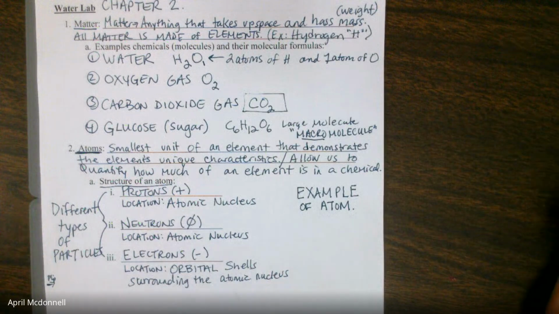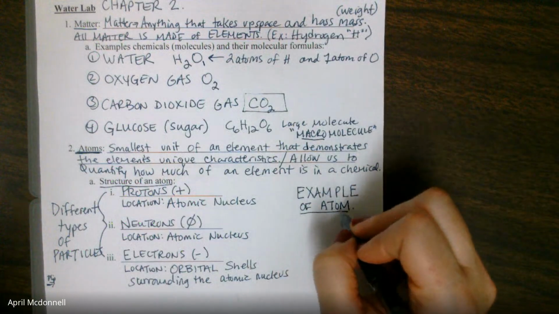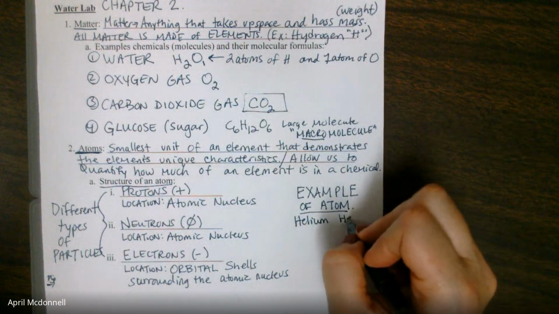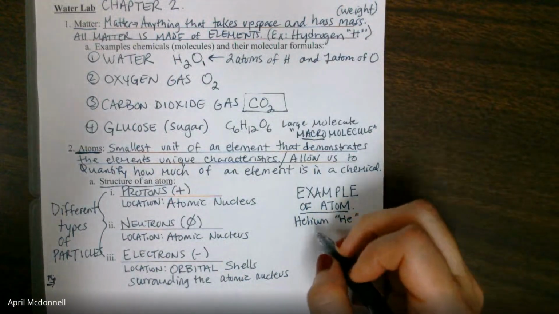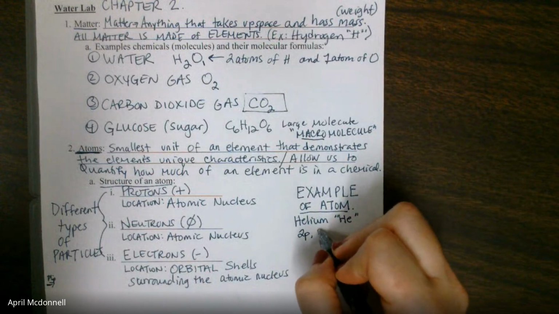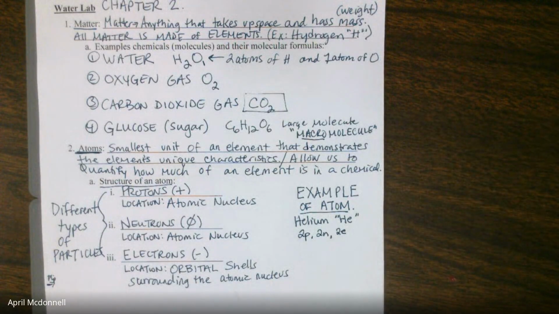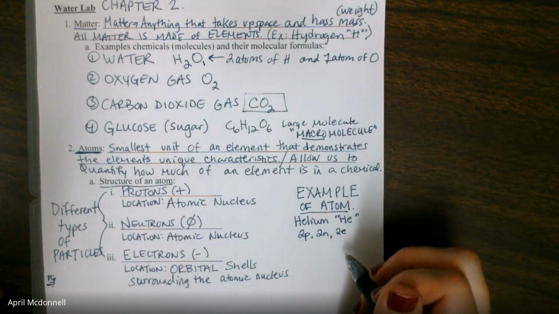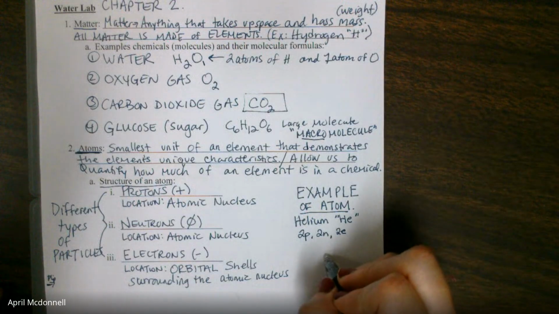Okay, I'm going to draw an example of an atom of helium. The abbreviation for helium is He. The helium atom contains two protons, two neutrons, and two electrons. We are going to place the protons and the neutrons in the atomic nucleus, which is the inner core of the atom.